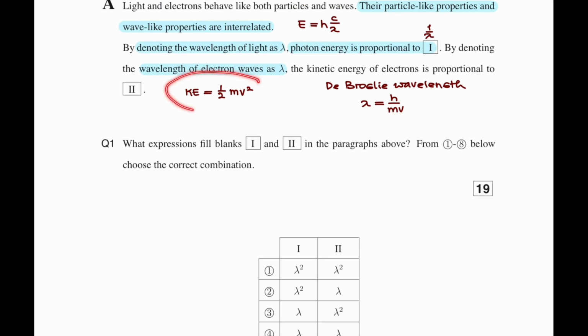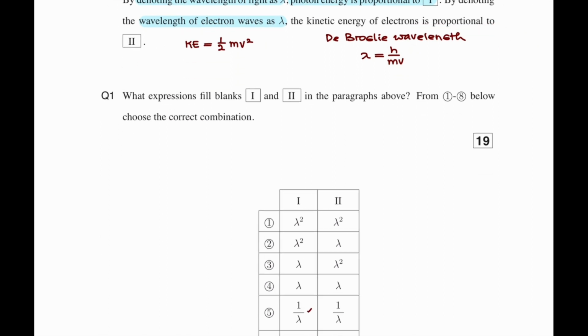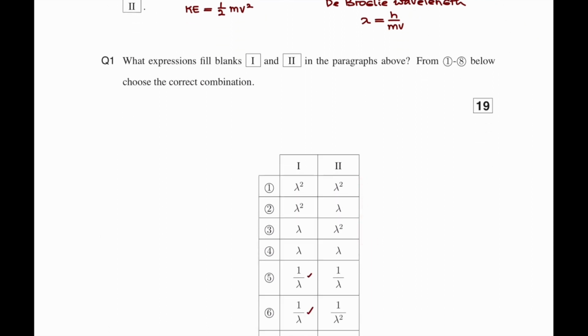If we combine these two equations, I need to substitute the v here, so we can find the kinetic energy in terms of lambda.